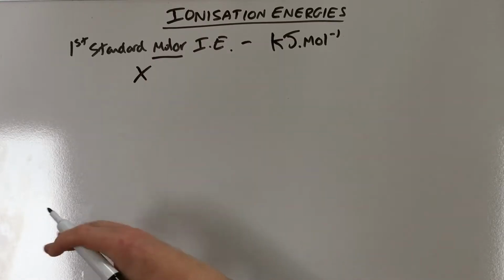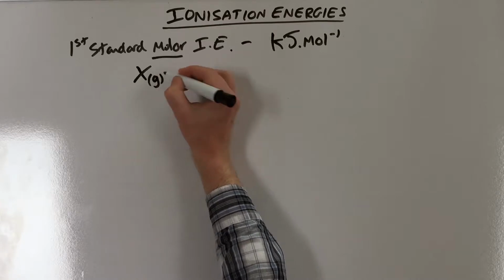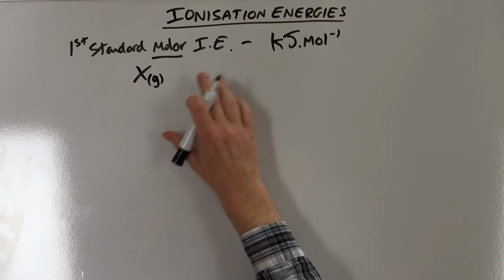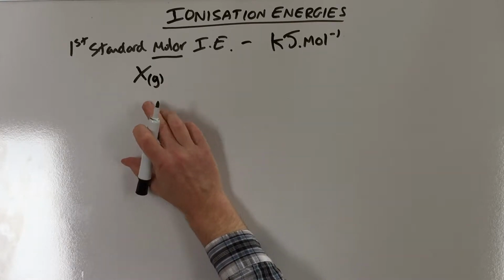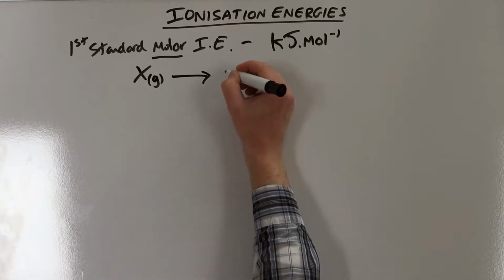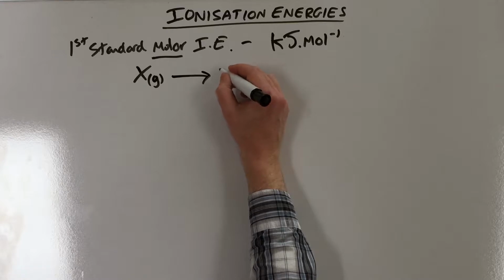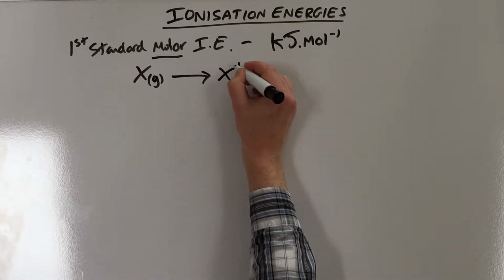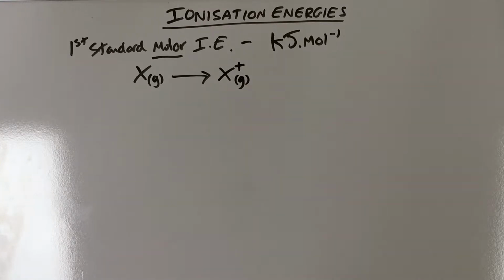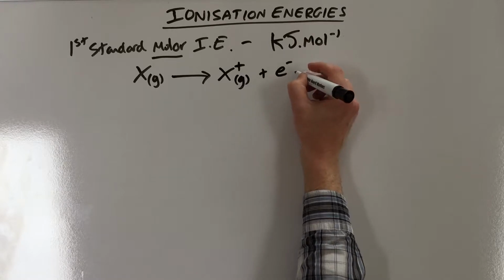So we're going to use element X. That's any element that you choose to have a go at. Now, the states of matter is really important because that's part of our definition of gaseous atoms. So it's any element that's a gas, and it's the energy required to remove 1 mole of electrons to form the ions. And because we're removing an electron, every single element, doesn't matter what it is, forms X plus, and of course we've removed this electron.